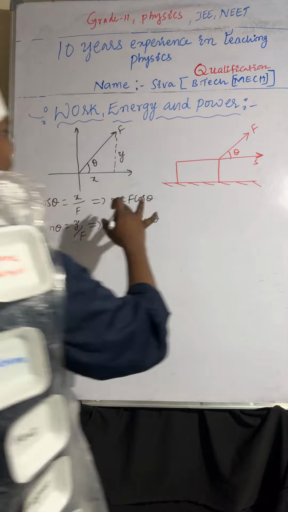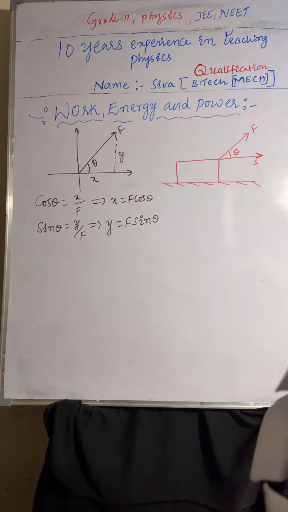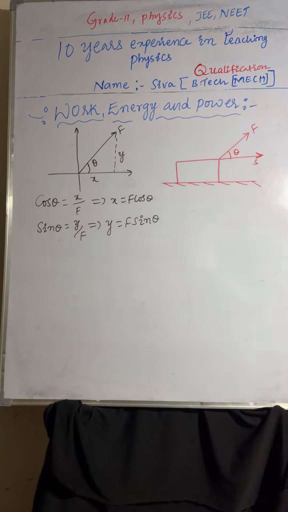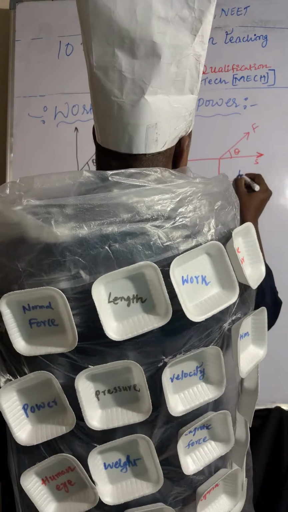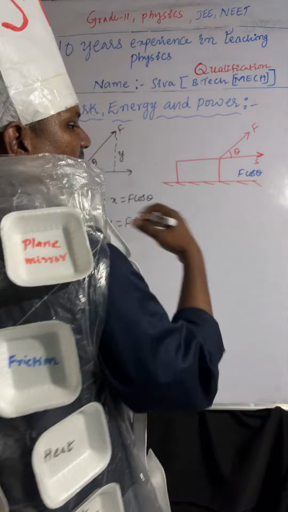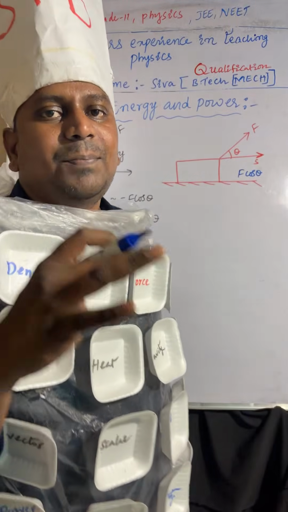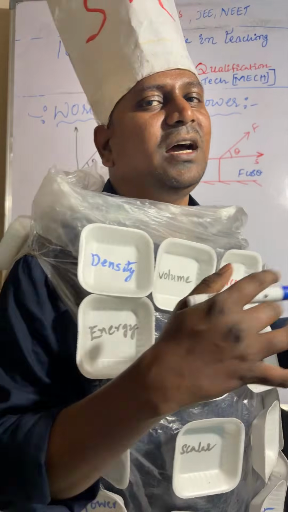So along the horizontal direction, the component of force which is acting is F cos theta. So because of that, when we apply force, the object moves horizontally.